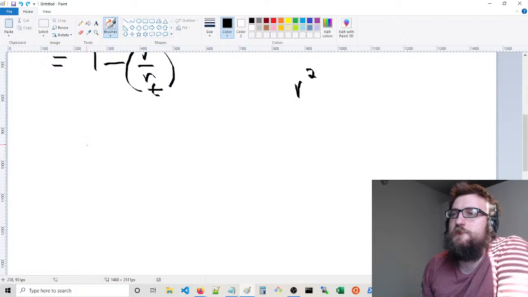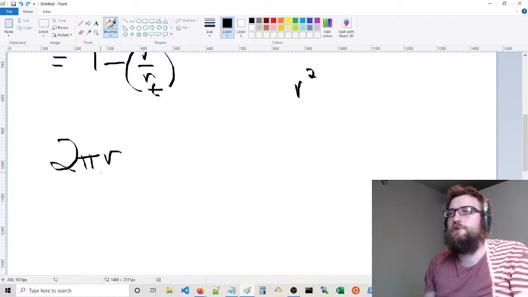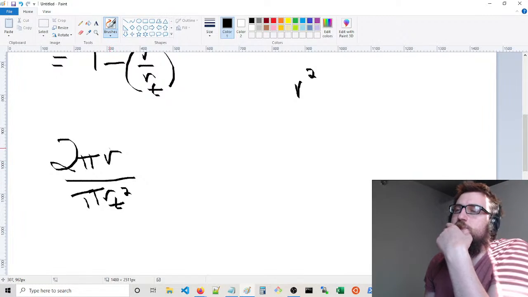So the number of points that have a particular radius is going to be pi d, the circumference, right? Which is 2 pi r. And the total number of points is pi r sub t squared, right? Where r is between 0 and r sub t, right?